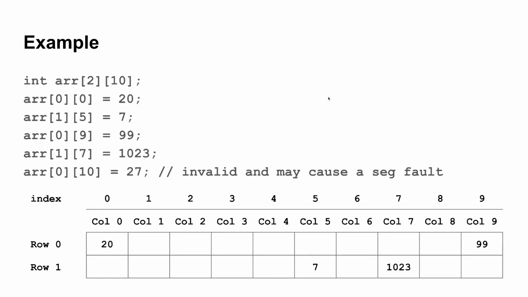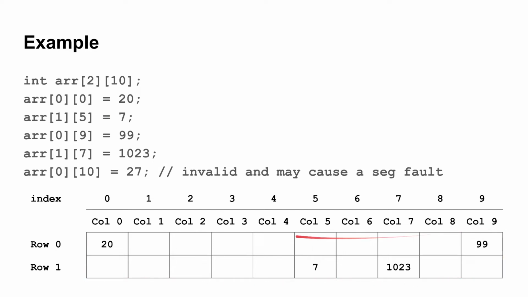Now let's look at an example of declaring and accessing the elements of a two-dimensional array. Here we have a line of code where we make a two-dimensional array which has 2 rows and 10 columns. When we run this line of code, we get something in memory that looks like this.